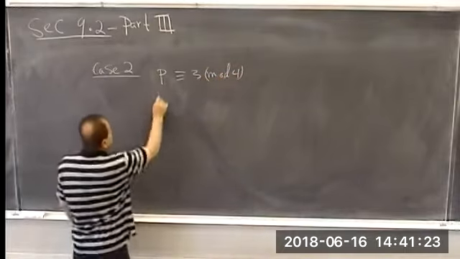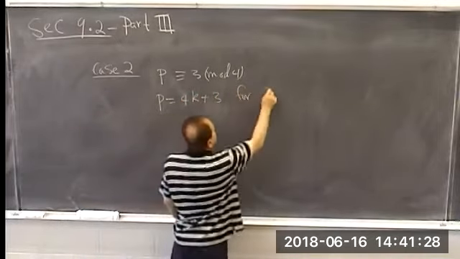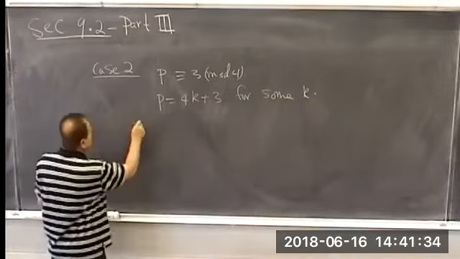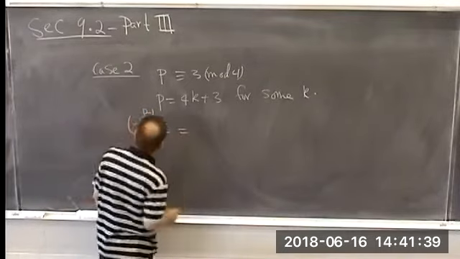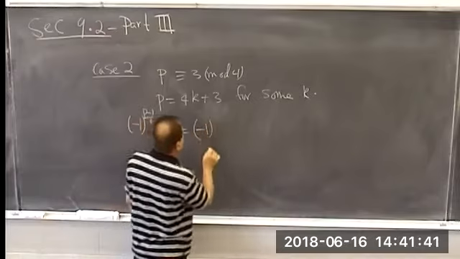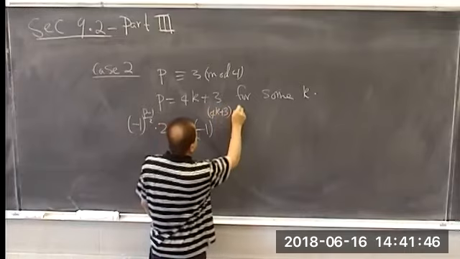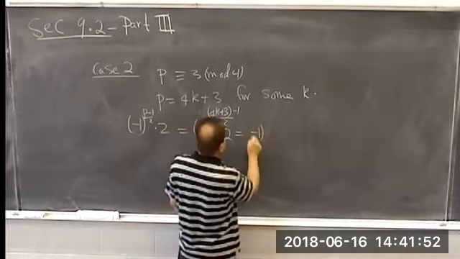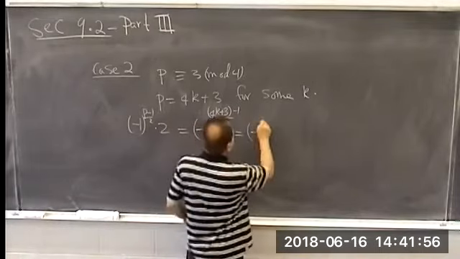So in this case, p is going to be 4k plus 3 for some k. And let's look at this integer. So this is going to give me -2, actually. So this is (4k plus 3 minus 1) over 2 times 2 minus 1. So 4k plus 2 over 2, so this becomes 2k plus 2, which is negative.